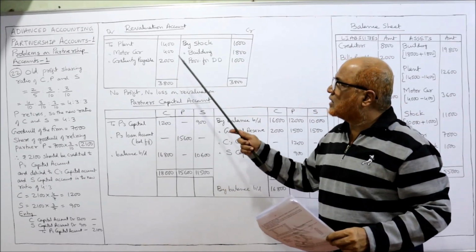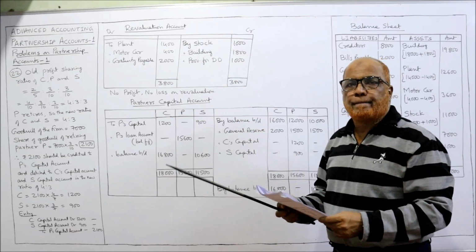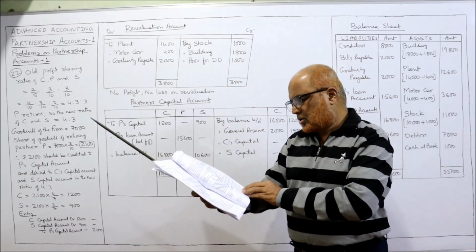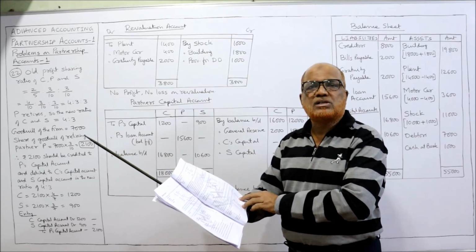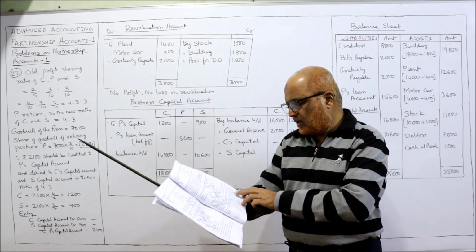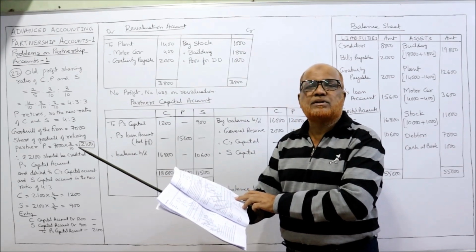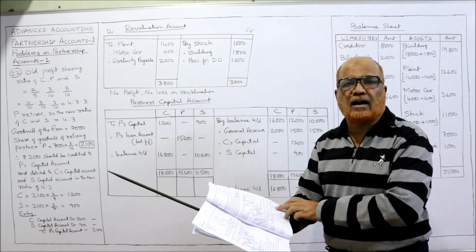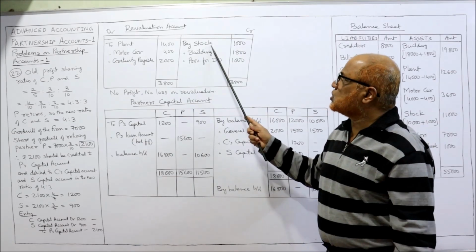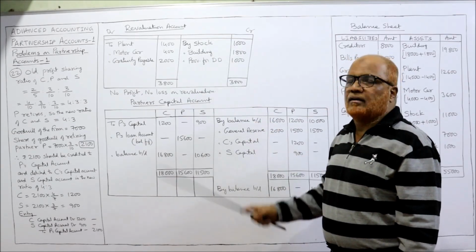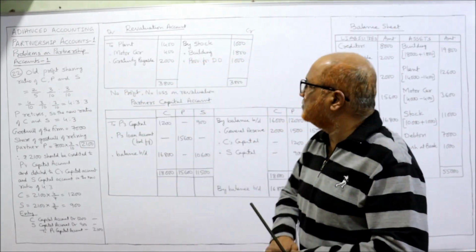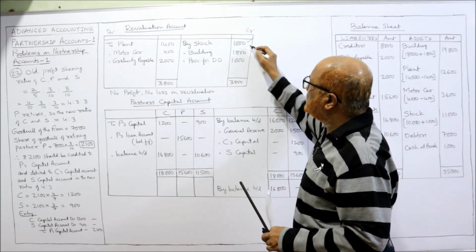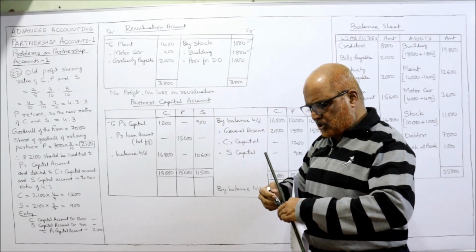So on the revaluation account credit side, stock and building. 10% of stock value 10,000 is 1,000. And building value is 18,000. 10% of 18,000 is 1,800. So stock 1,000, building 1,800. 2 entries we have completed. That is stock appreciated, building appreciated.